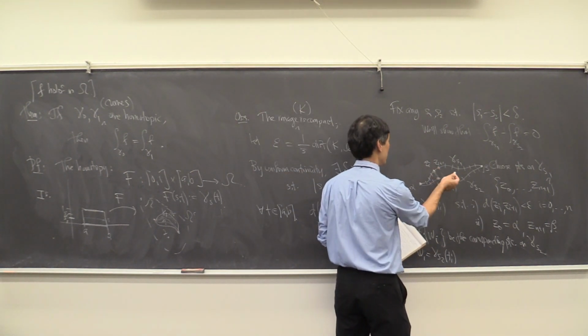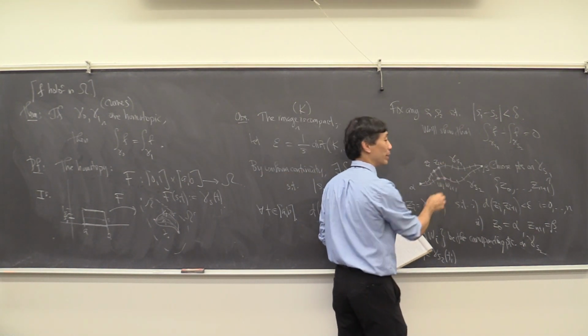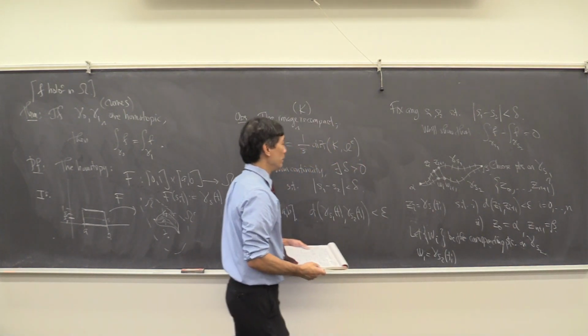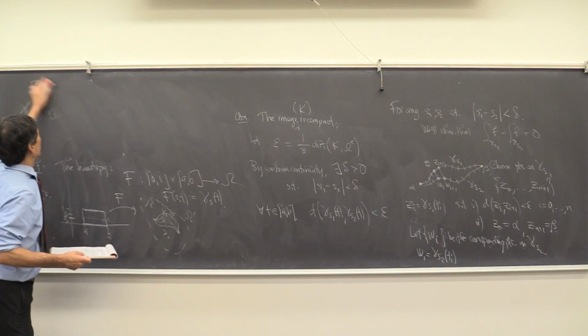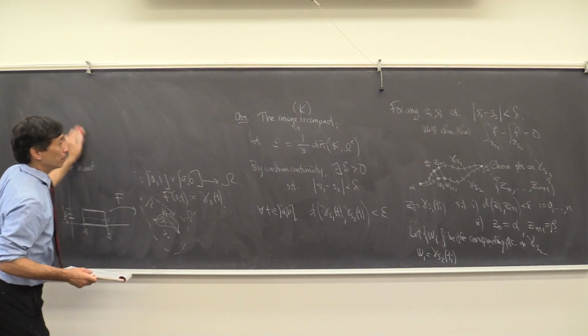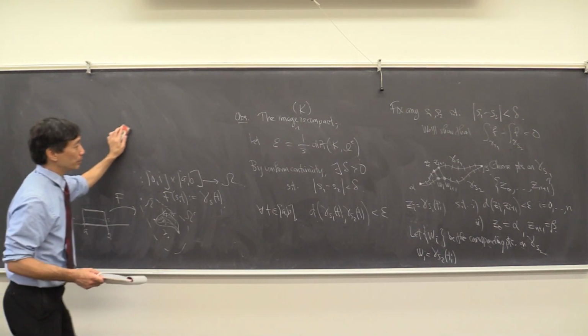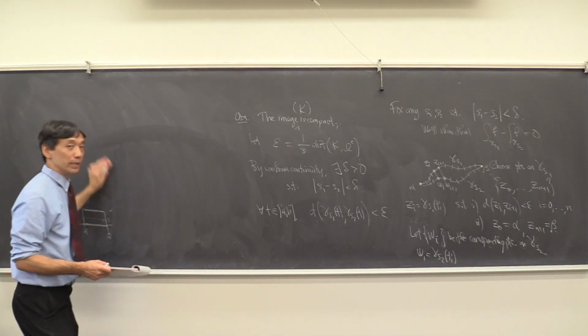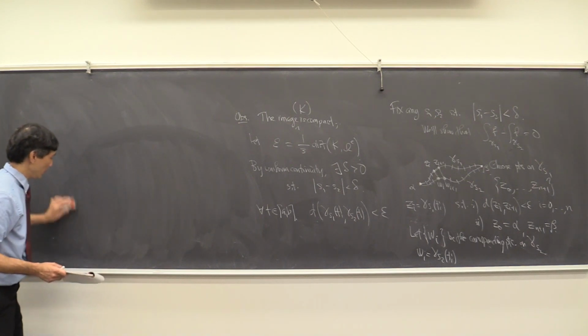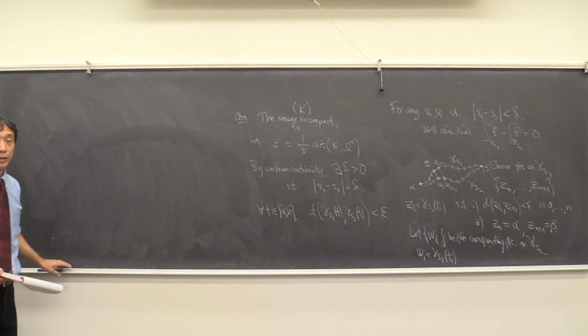Because the distance from here to here is epsilon, from here to here is epsilon, from here to here is epsilon, right? So it's possible to create disks of the same radius that contain those 4 points, radius 2 epsilon.